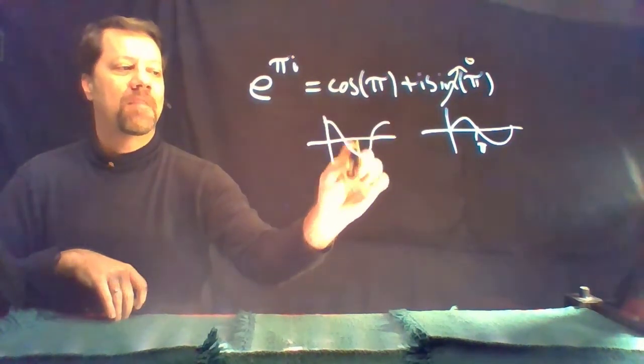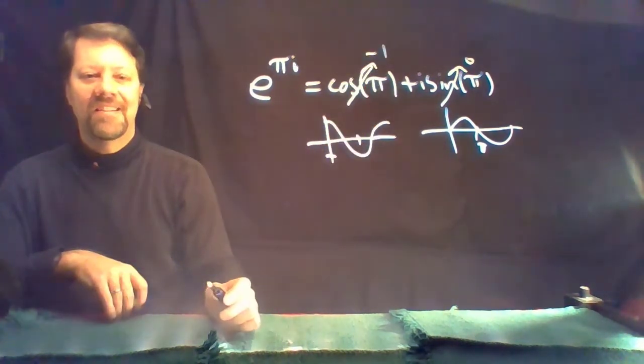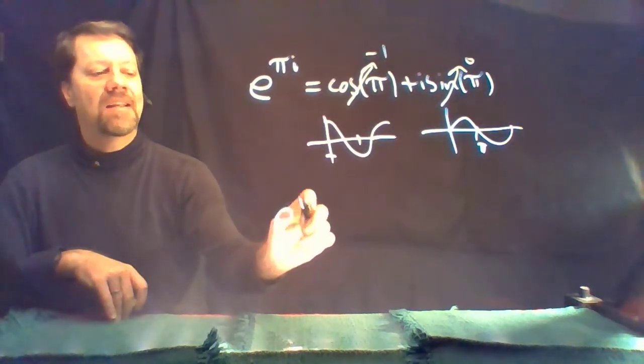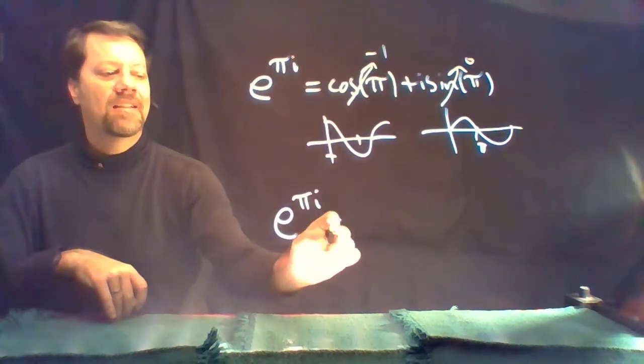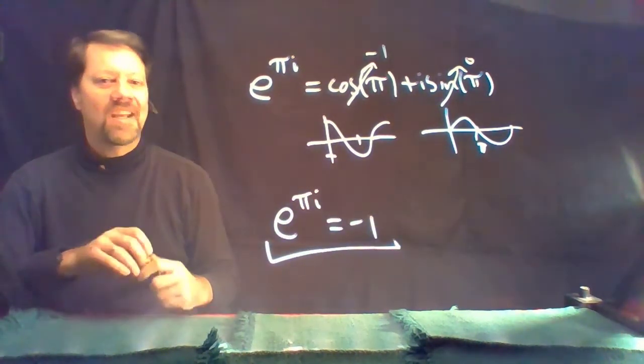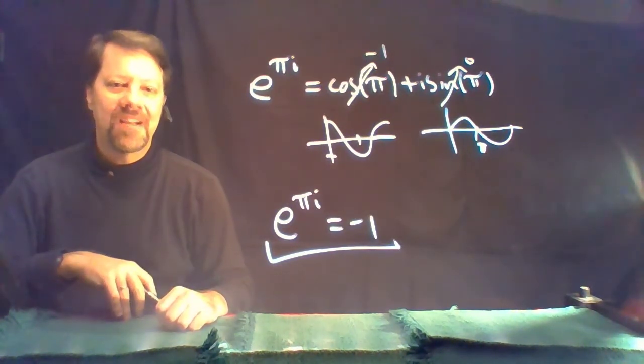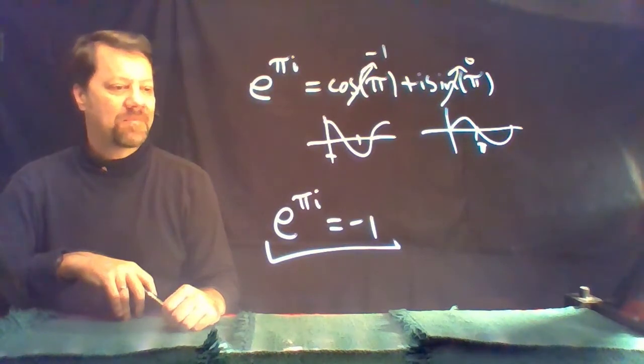Cosine at pi is negative 1. And so e to the pi i is negative 1. This relates in one equation 4 of the most important numbers in mathematics.